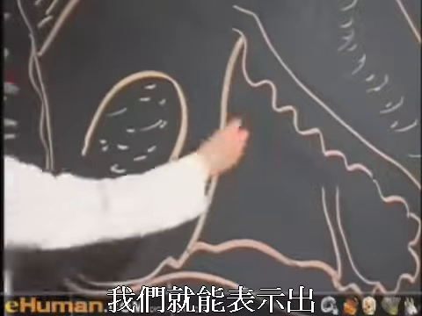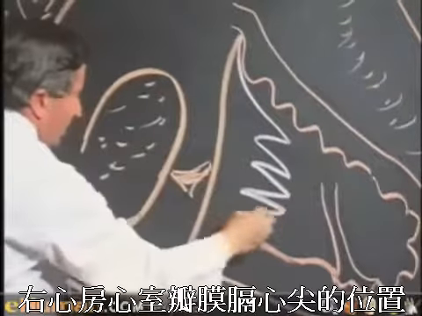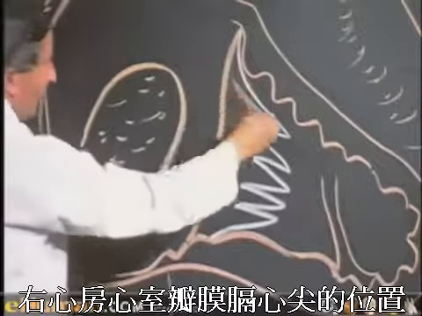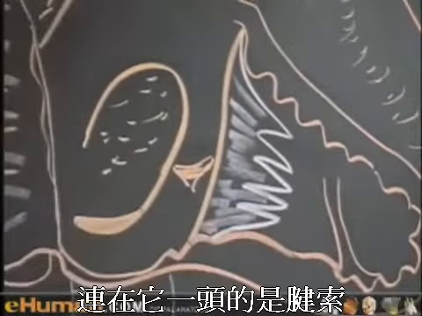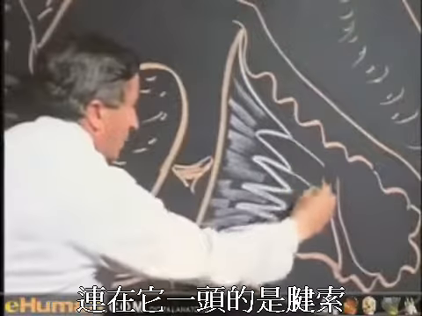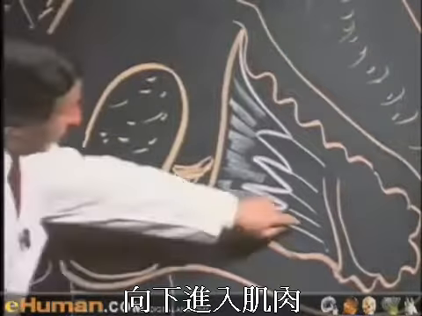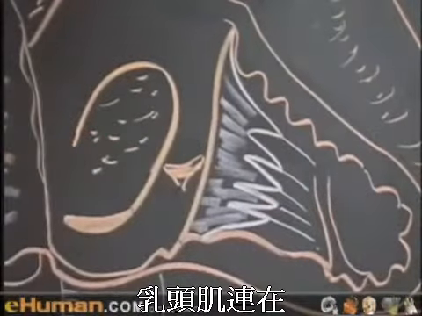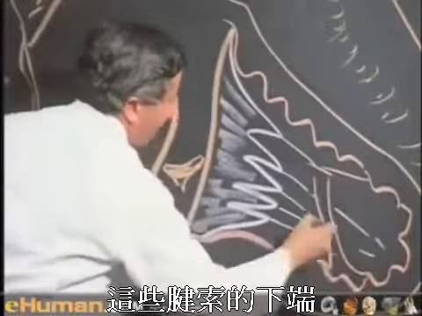And so we can indicate the position of the septal cusp of the right atrioventricular valve. Here's the septal cusp, and attached to its ends are the chordae tendineae, which go down to the papillary muscles, which are attached to the lower ends of these chordae tendineae.